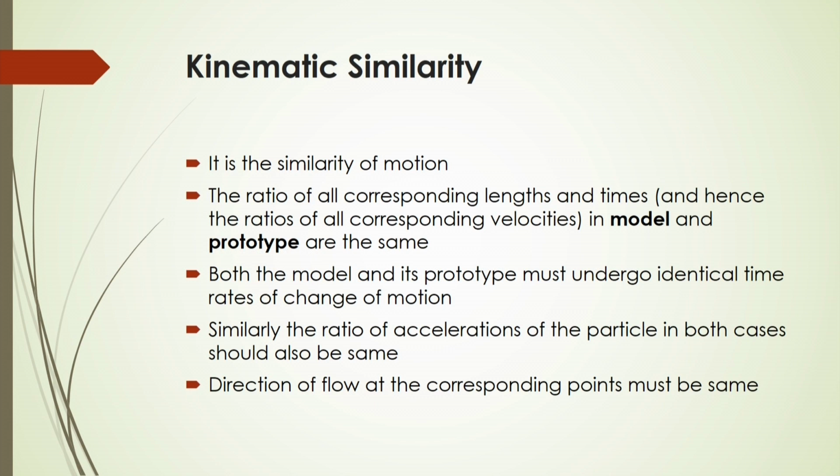If you are considering the horizontal direction, then all the corresponding dynamic and geometric similarity should be considered in that direction. It is an easier way to represent, but you cannot mix up the horizontal and vertical directions. So, the direction of the flow at the corresponding points must be the same.